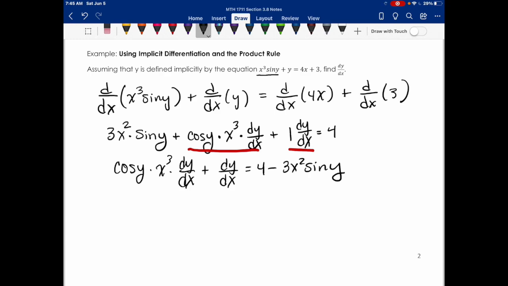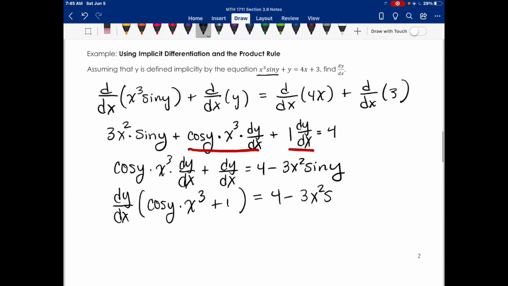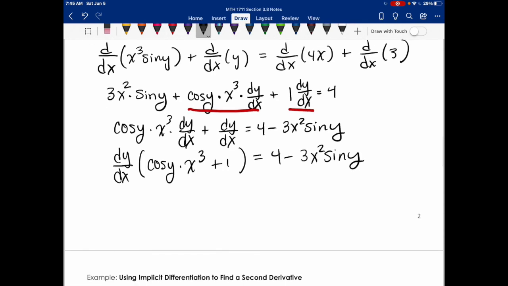So now I have everything that has a dy dx on the left and anything that doesn't have a dy dx on the right. So now on the left hand side I can factor out the dy dx, and what's left over is the cosine y times x to the third plus 1, equal to 4 minus 3x squared sine y. And now I can complete this by dividing both sides by cosine y times x to the third plus 1, so I can solve for dy dx.